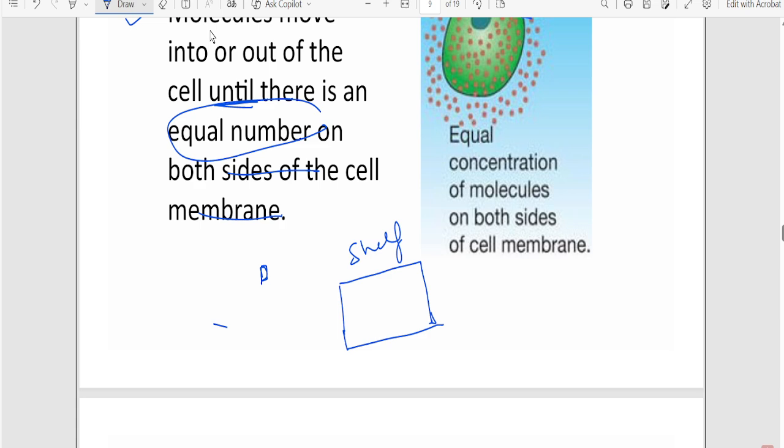So it would be difficult for you to arrange books in it as compared to if you have the same shelf but there are small boxes. So that would be even better, right? So the second case is more efficient as compared to the first, right? Why? Because the surface area to volume ratio is large here.